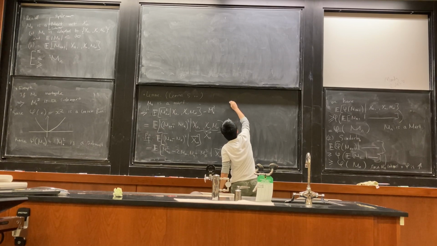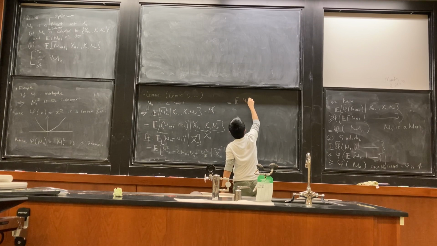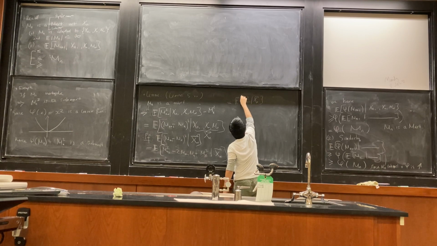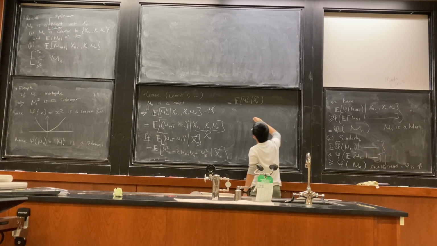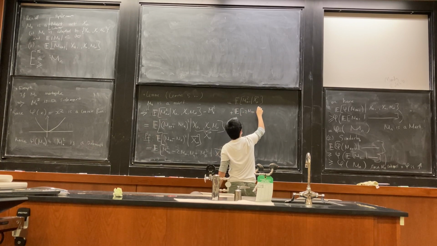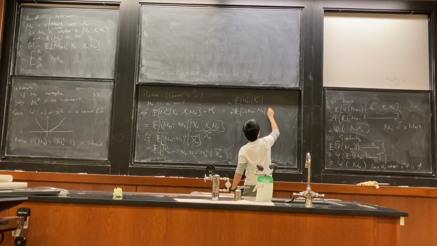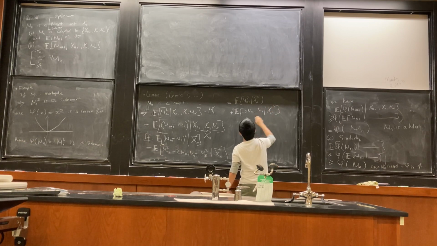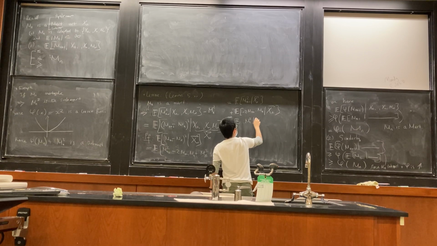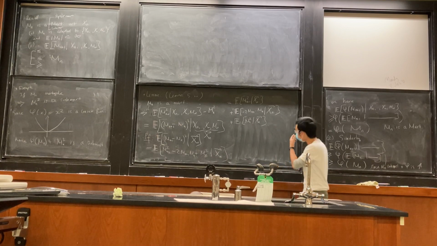So I split: the expected value of Mn plus 1 squared conditioned on the past, then minus 2 times the expected value of Mn plus 1 times Mn conditioned on the past, and then plus the expected value of Mn squared conditioned on the past.